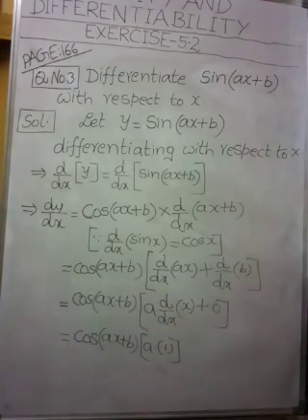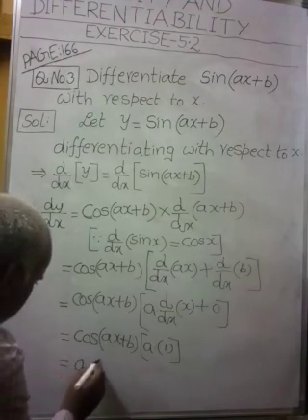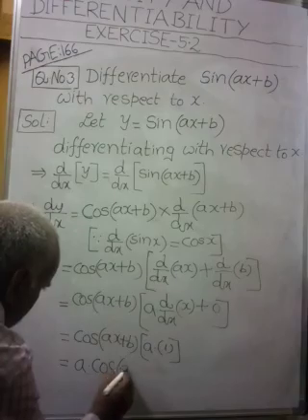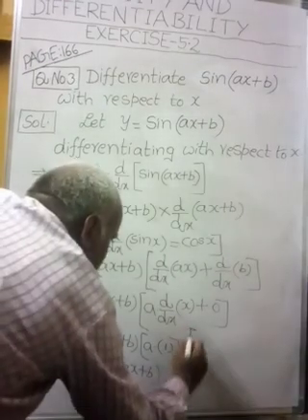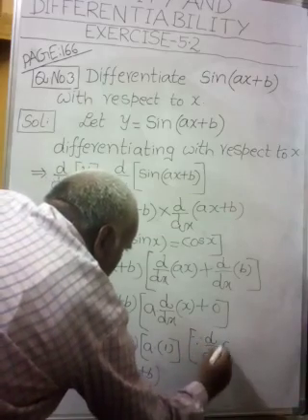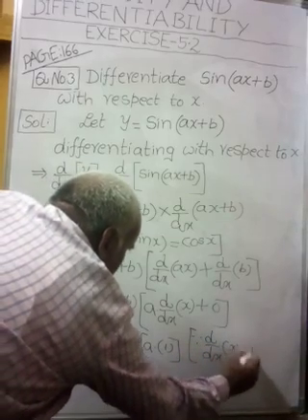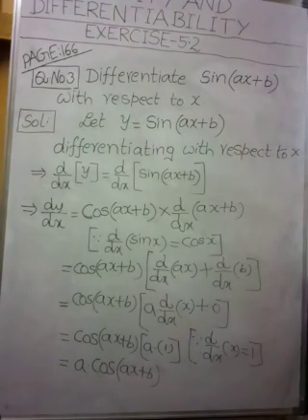D by dx of x is equal to 1. So finally we get here a into cos of ax plus b. Understood? My dear children, right.